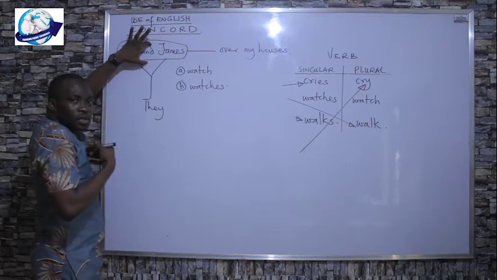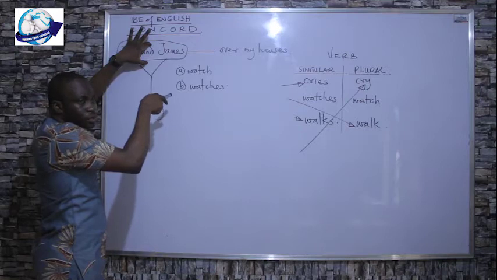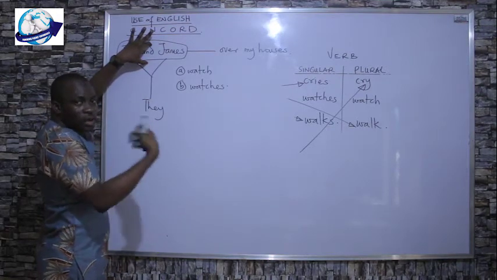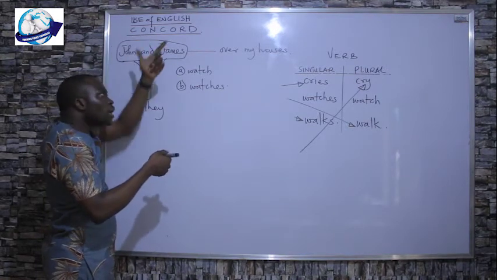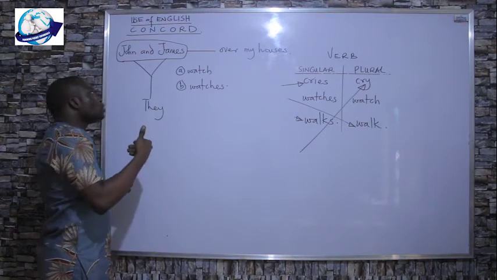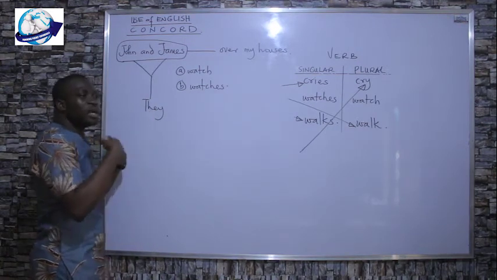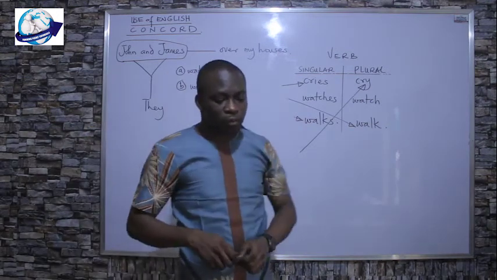So you don't expect me to take the singular verb. And you know a singular verb will always carry s, and a plural will not. So you know what we say: John and James watch over my houses. That's as simple as ABCD. This is the foundation with which we're going to drive the topic today.